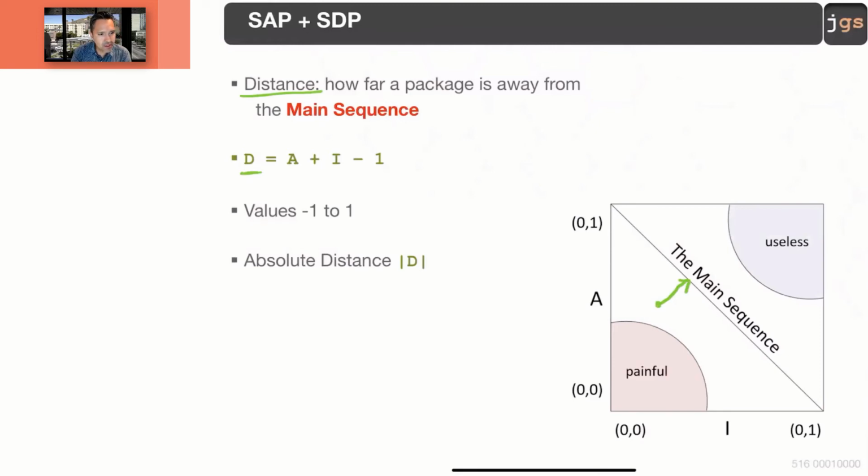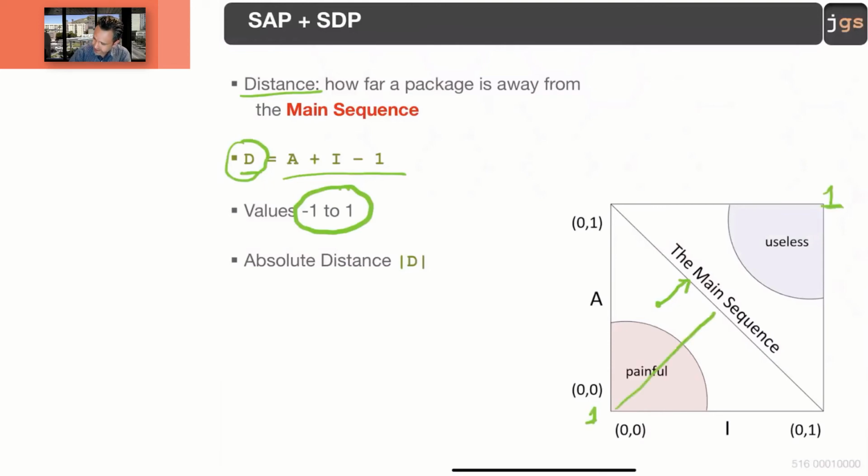In order to calculate the distance, if you want an equation: A plus instability minus 1, that gives you the distance. Now, the distance is going to give you, as a result, a number between -1 and 1. Obviously, you can be here or you can be here.